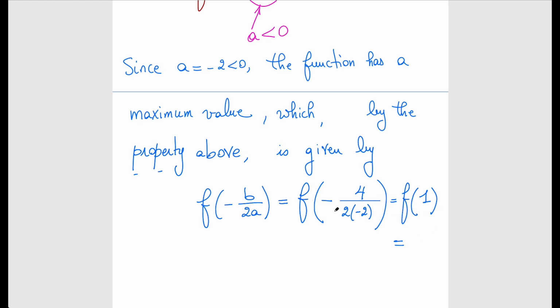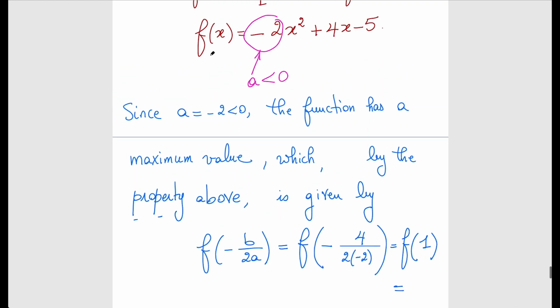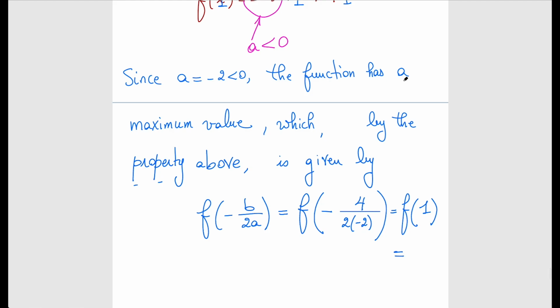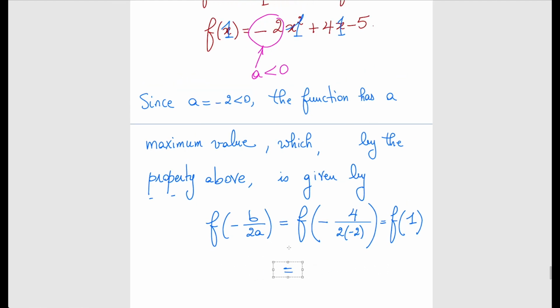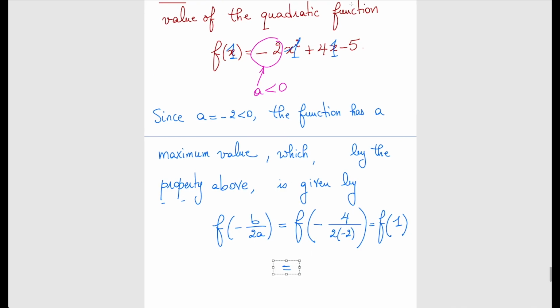Very good. So what's f of 1 then? F of 1, replace x by 1. And what do we obtain? Minus 2 times 1, that's minus 2, plus 4. Minus 2 plus 4 is plus 2, minus 5 is minus 3, correct? So that's minus 3. Let's actually write everything.